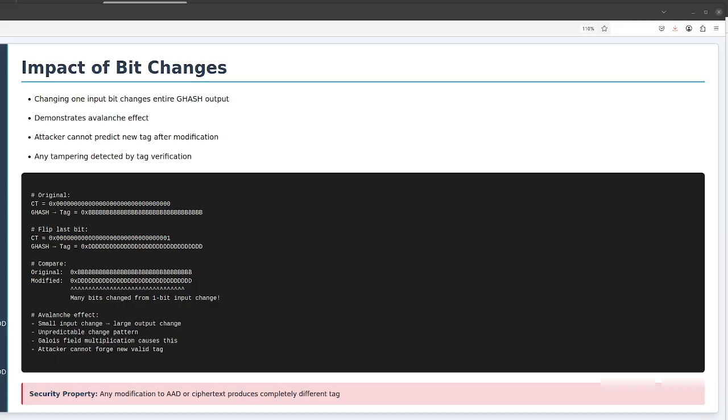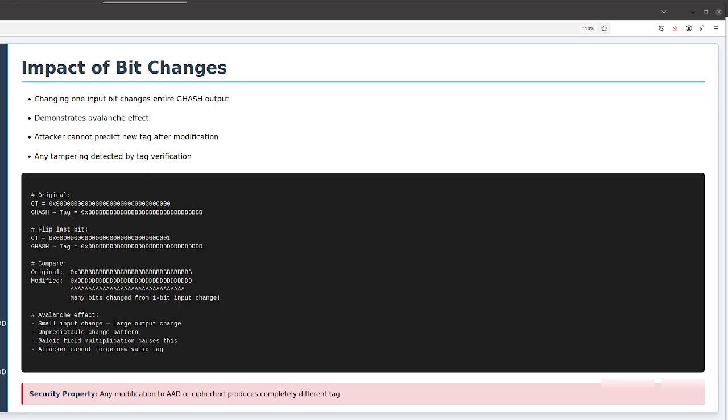XOR this with the same encrypted counter, 0x99..., to get the tag 0xDD...DD. Compare. Original tag 0xBB...BB versus modified tag 0xDD...DD. Flipping one input bit changed many output bits. This is the avalanche effect.